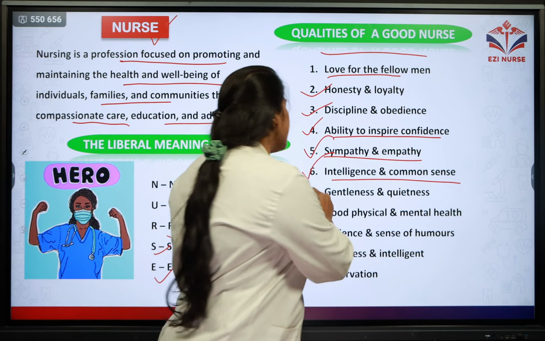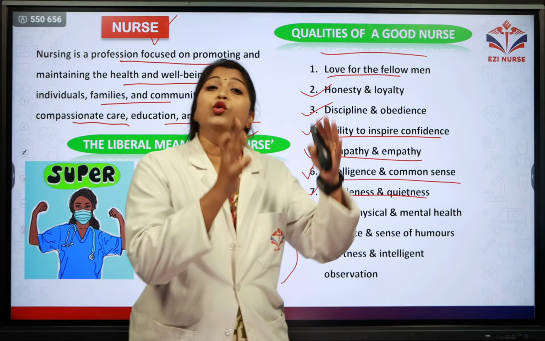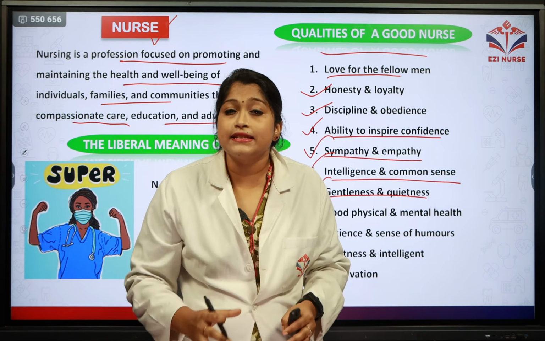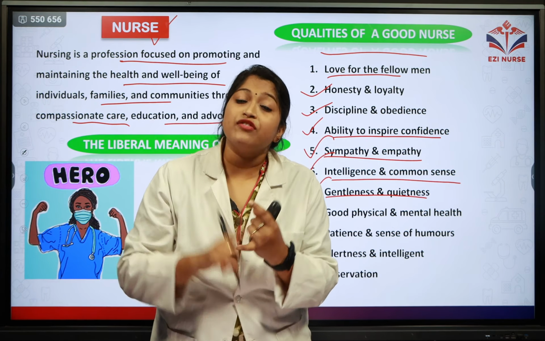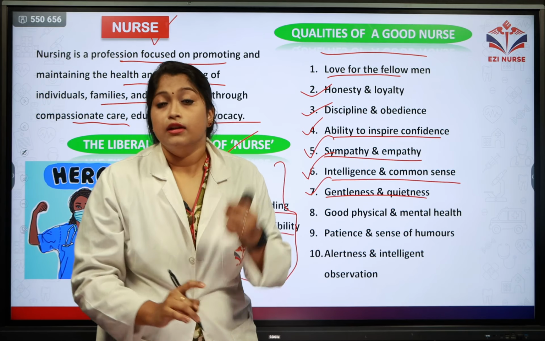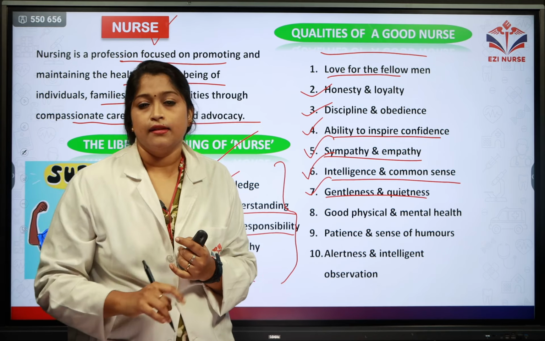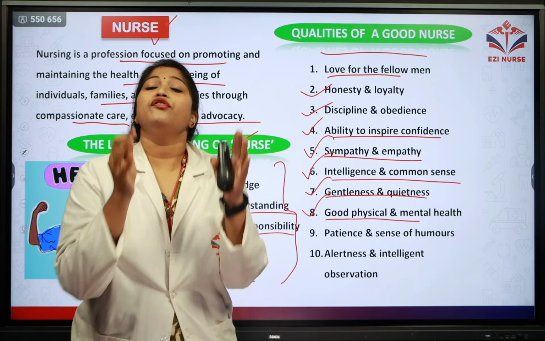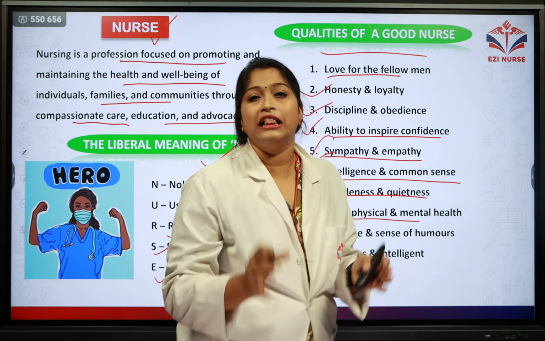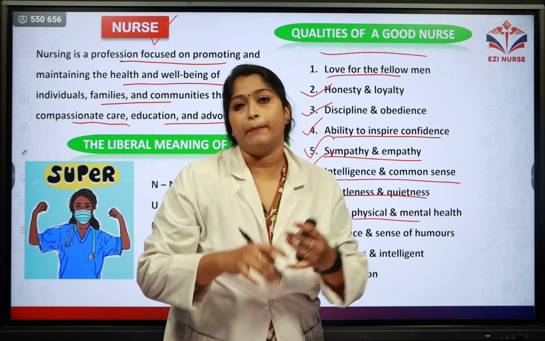The next quality is gentleness and quietness. You should be a very good listener in order to understand the difficulty of the patient. You should have that gentleness and quietness. This is one of the important qualities of a good nurse. The next quality is good physical and mental health. If your mental and physical health is not good, then how will you be able to give care to the patient?